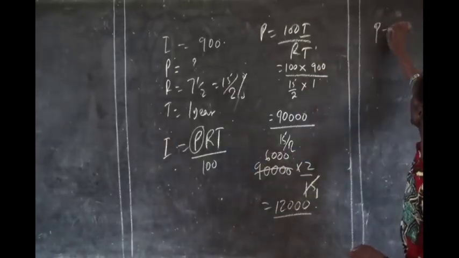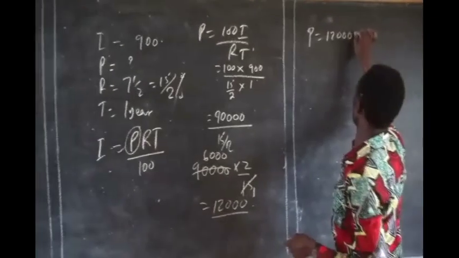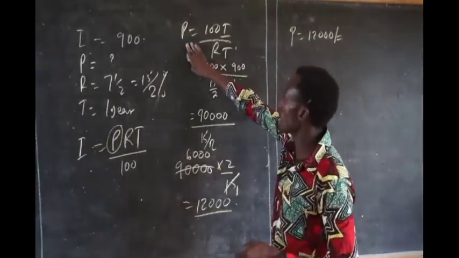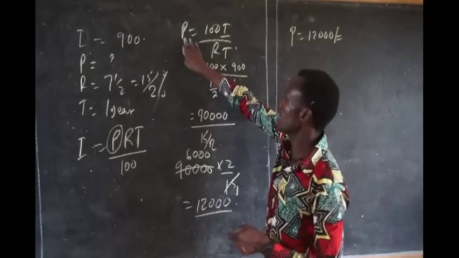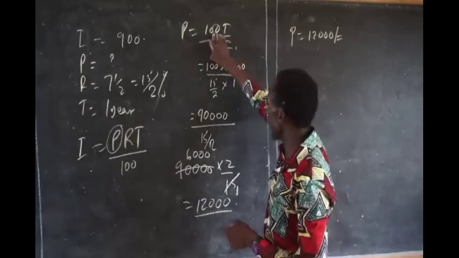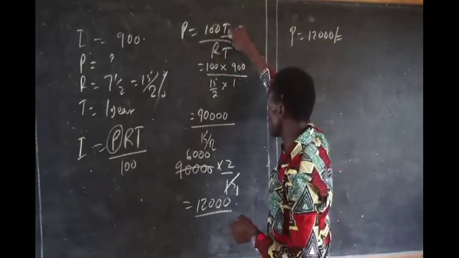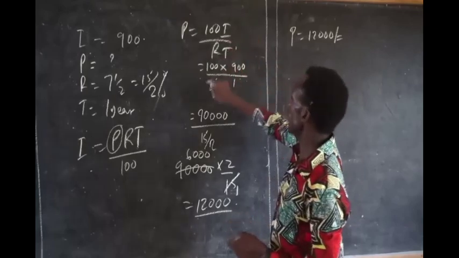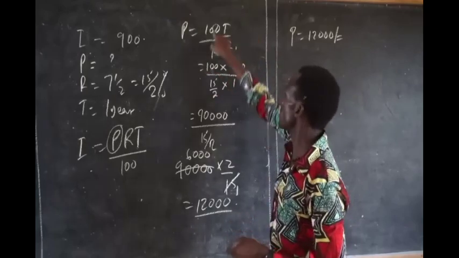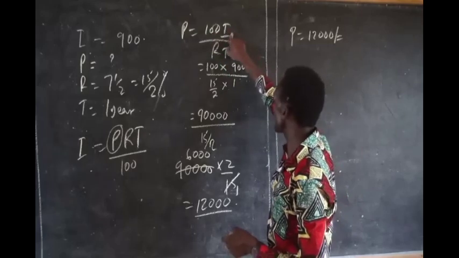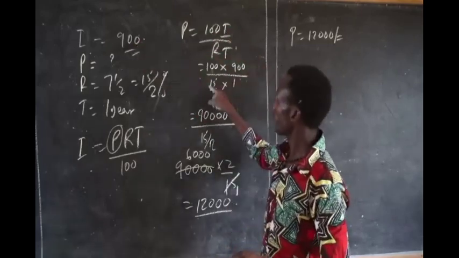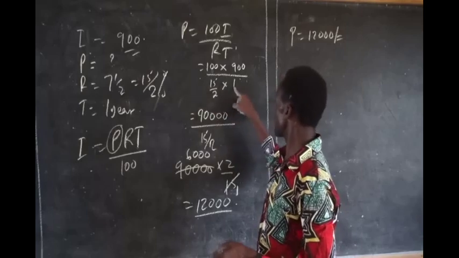Now P is equal to 12,000. So I've made this 12,000 after making P the subject of the formula. Now principal is obtained by taking 100 times the interest over rate times time. That is 100, that is percentage, and then times I, which is interest, which was 900. Now over rate, which is 15 over 2 times 1.